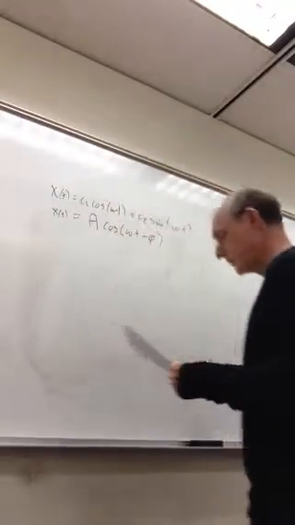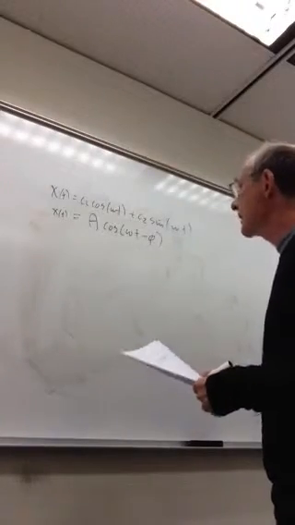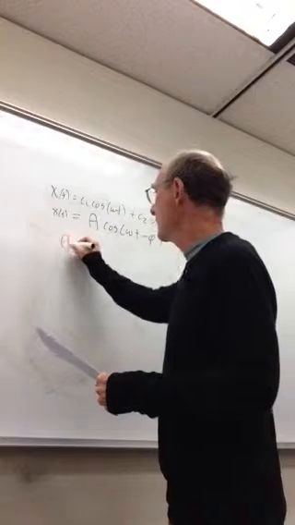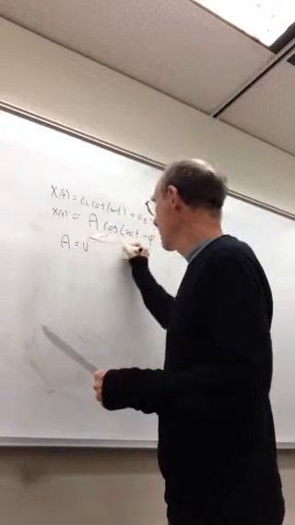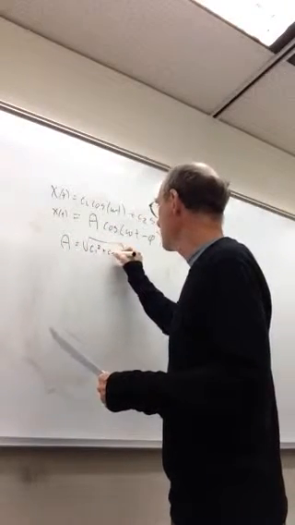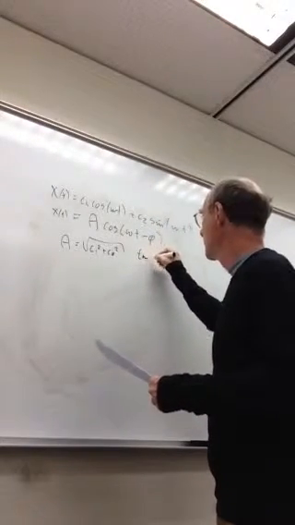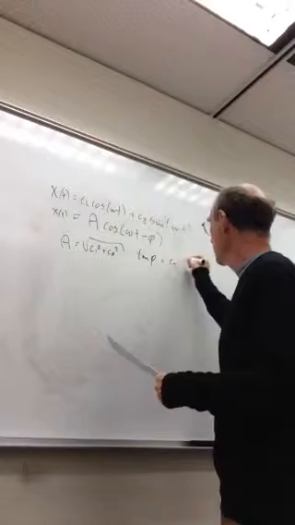So these two are the same thing. So obviously A must be related to the little c's. It turns out that A is equal to the square root of c1 squared plus c2 squared, and tangent phi is equal to c2 over c1.